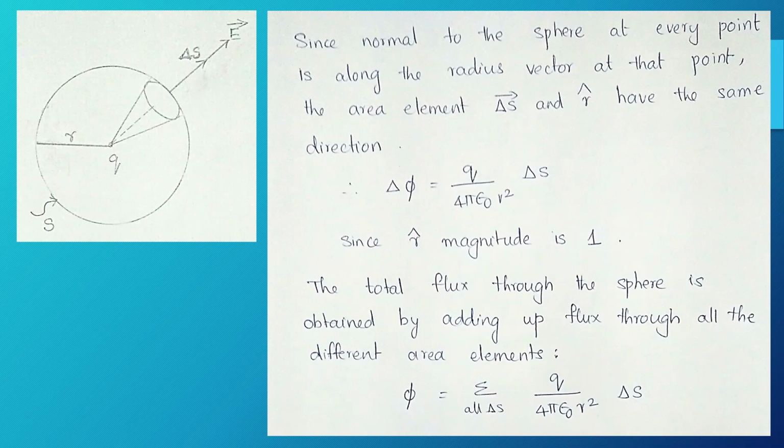Now, to find the total flux, that is our main aim of this video. To find the total flux through the sphere, we can add all the flux through all the area elements.